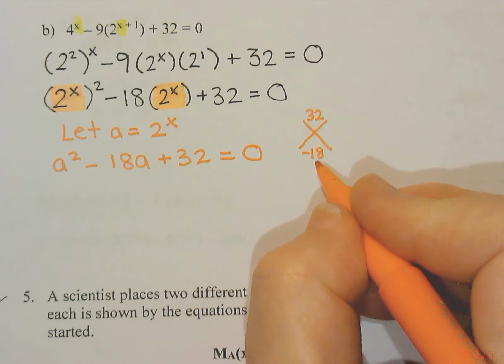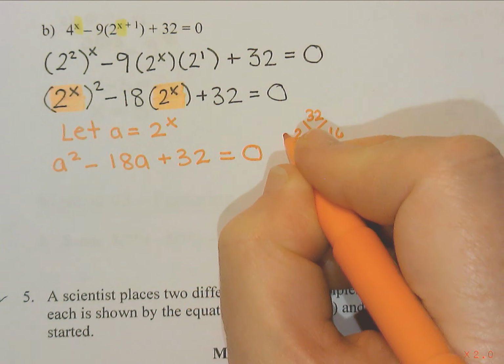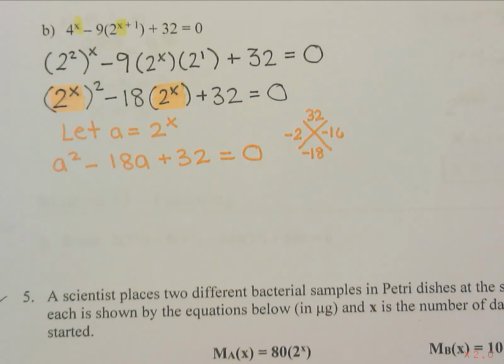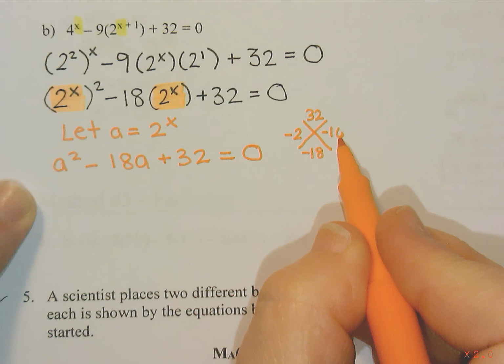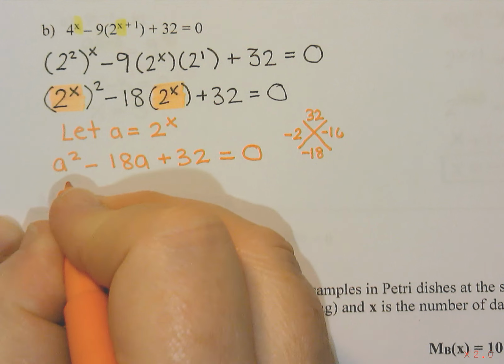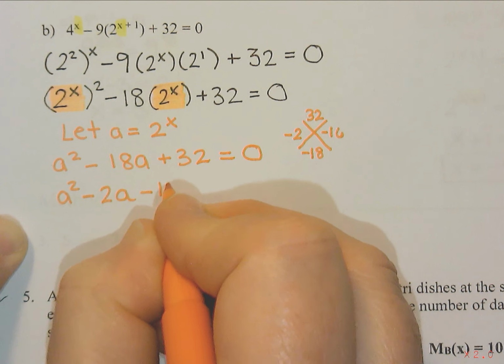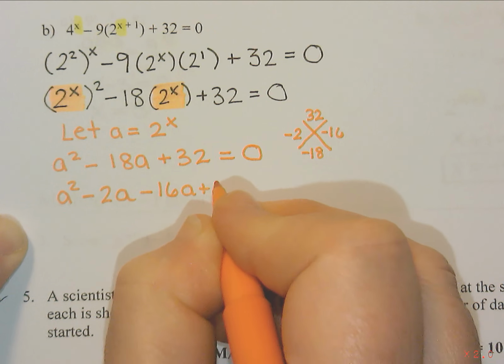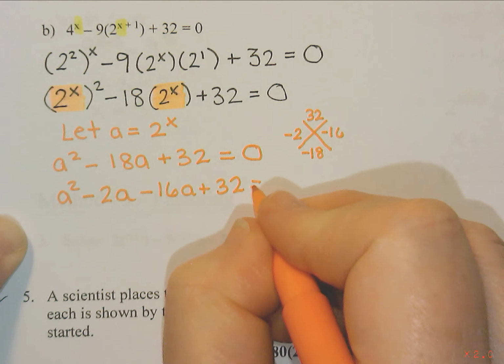I could make an 18 out of a 2 and a 16. However, in order to be negative 18, it would have to be negative 2 and negative 16. Okay, so I'm going to replace that middle term with negative 2a minus 16a. So I get a squared minus 2a minus 16a plus 32 equals 0.